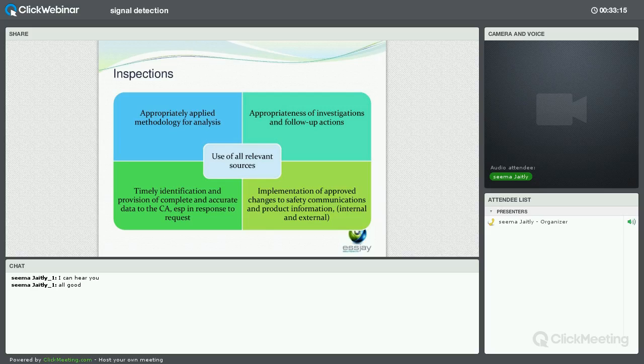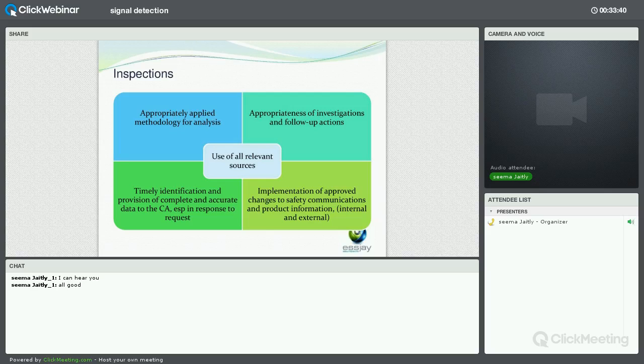Now lastly, I just thought it's worthwhile mentioning that in an inspection setting, these are the things that will be looked at, and I think it's worthwhile pointing out that signal detection, management, following through on label changes or label updates based on signal management are a big issue for inspections, especially for the MHRA, and they're one of the main reasons for critical findings in the last few years.